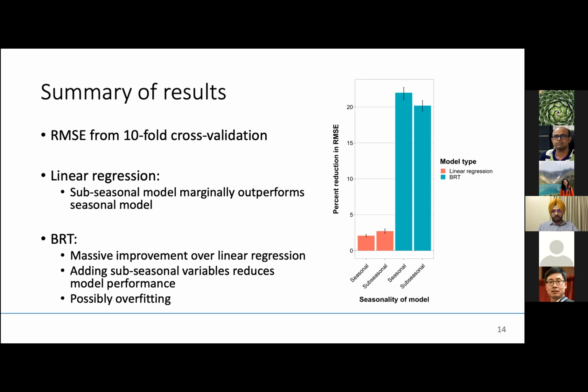Because we see that a seasonal BRT is outperforming even a sub-seasonal linear model. But of course, this is all conjecture that I have only from my analysis looking at crops in India, and we need further evidence to claim that this technique can be transferred to other areas around the world.